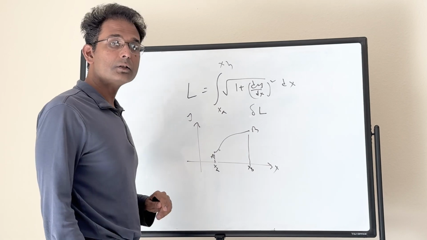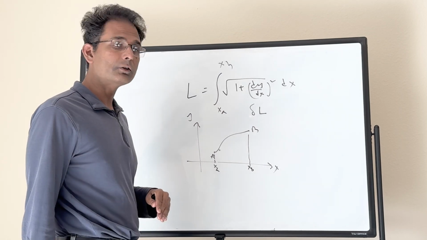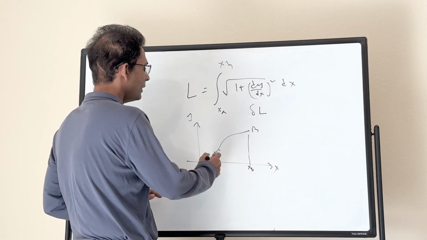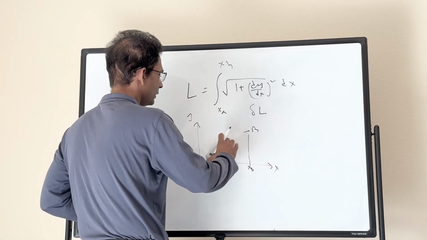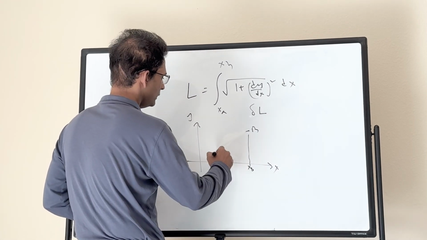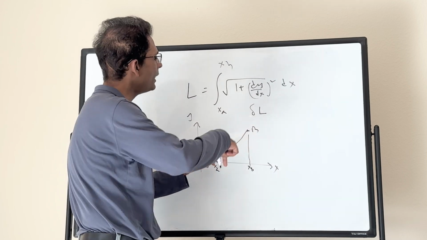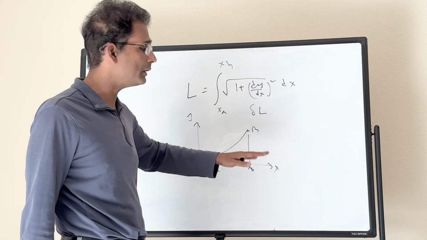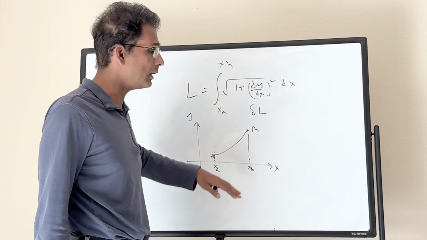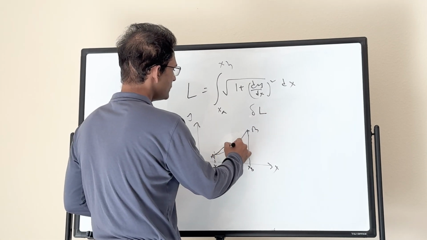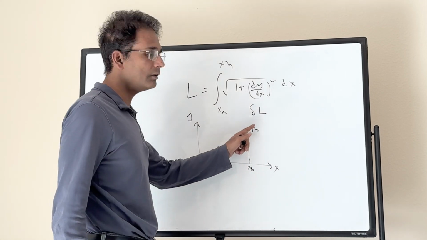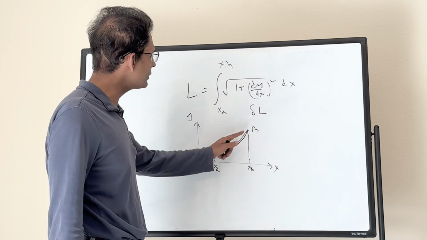Before that, let me say a few words about the notations I'm going to use. I'll assume that there is an optimal path. I don't know what that is, but there is one. So let's say this is the optimal path, the path for which the length is a minimum. I don't know what that is, so I didn't draw it as a straight line. Then I'll consider variations about that line, an arbitrary, small but arbitrary variation about that optimal line.